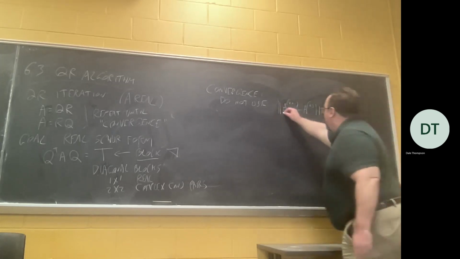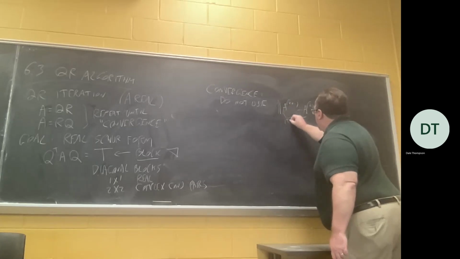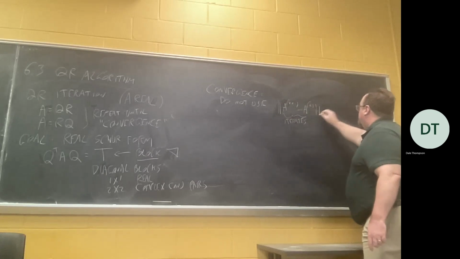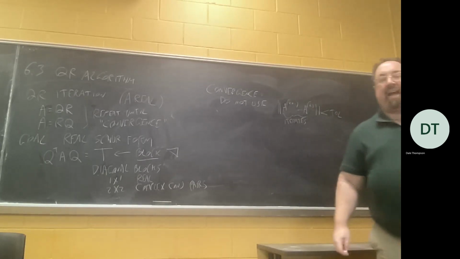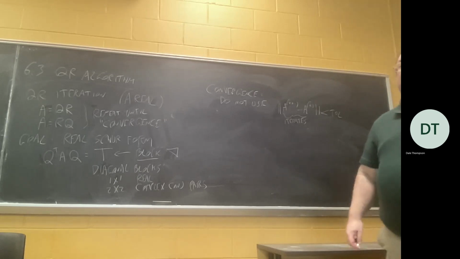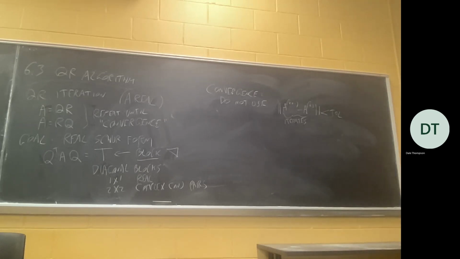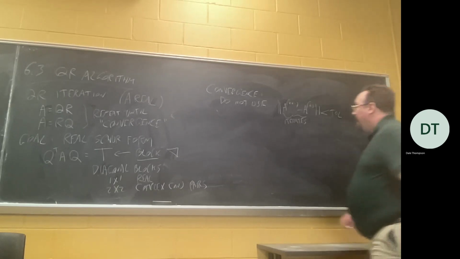So these are iterates. You want the norm of it to be less than some tolerance. That would imply that the matrix converges as its entries are no longer changing. That is not going to happen. If the matrix is real, I can see it happening, but generally it won't.